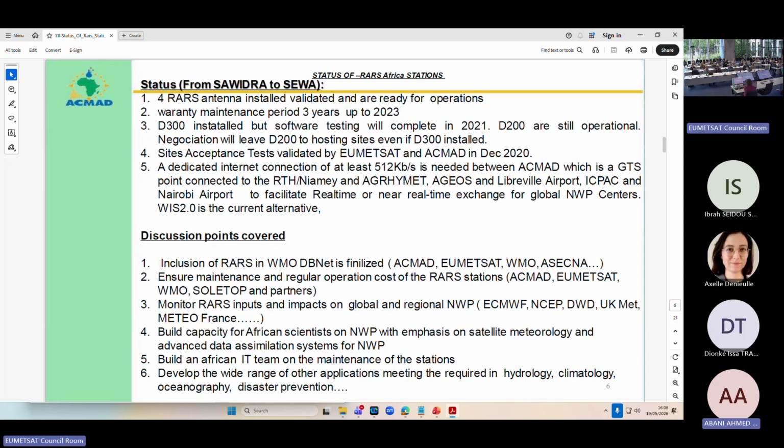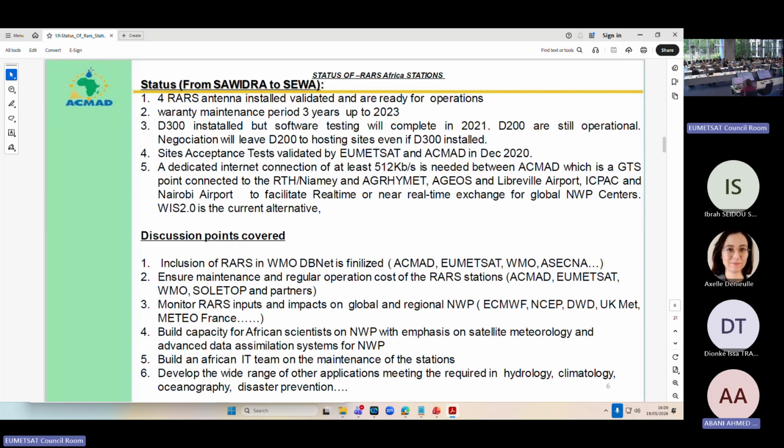So we validated the site acceptance test in 2020, and also we arranged for communication for aggregation of the data through the South African hub for us to be able to put in the GTS.